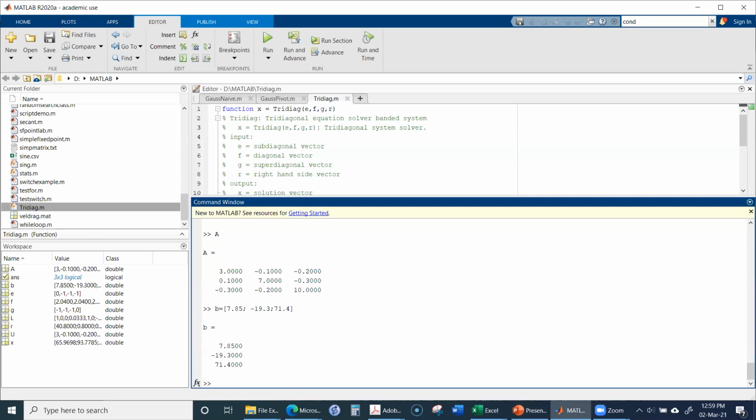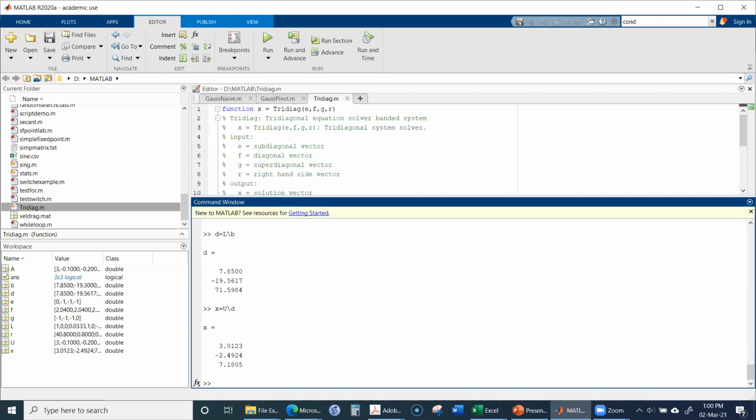The first step is forward substitution to get an intermediate matrix, which I will call D. That intermediate matrix is obtained from the lower triangular matrix L, backslash D. Then I use this intermediate matrix D to find the final solution: X is equal to the upper triangular matrix U backslash D, and it will give me the answer.